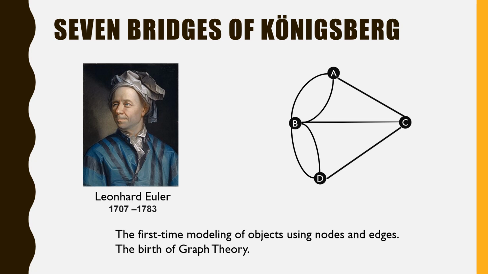Using this abstraction, the city's layout was transformed into the graph shown on the right. This elegant representation marked the first known use of nodes and edges to model a real-world scenario, and is widely regarded as the birth of graph theory.